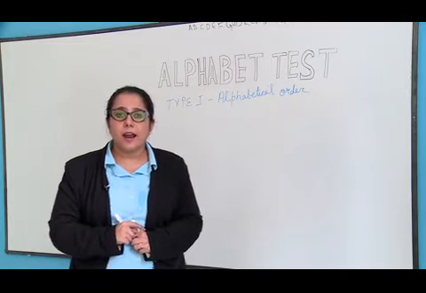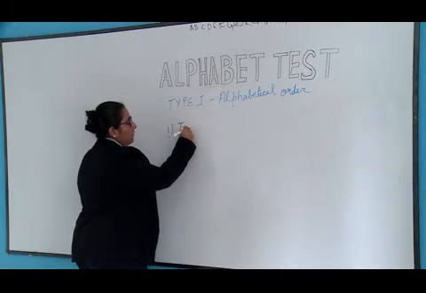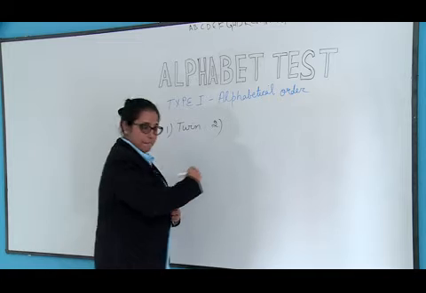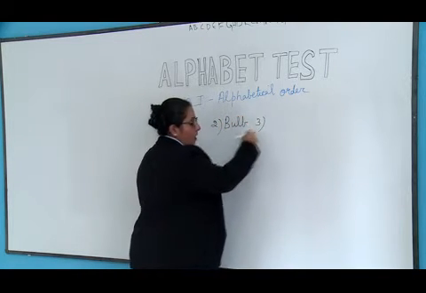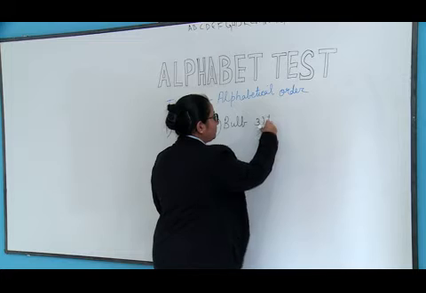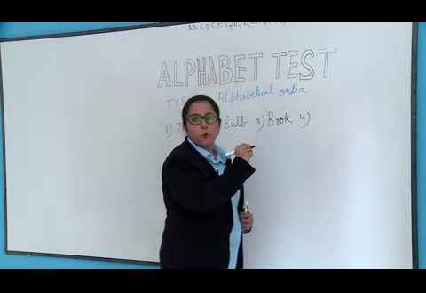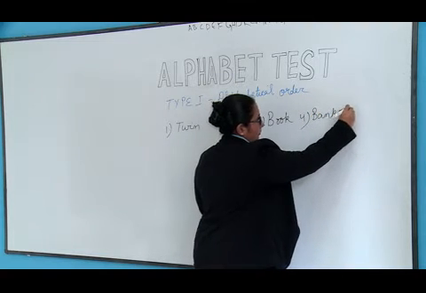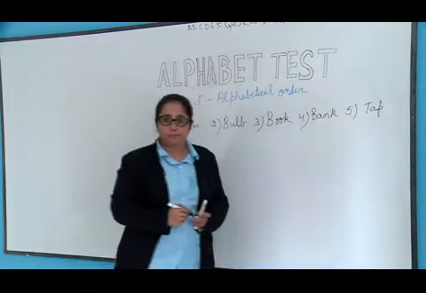And the words given are, the first one is twin, the second one is bulb, the third one is book, the fourth one is bank, and the last one is tap.